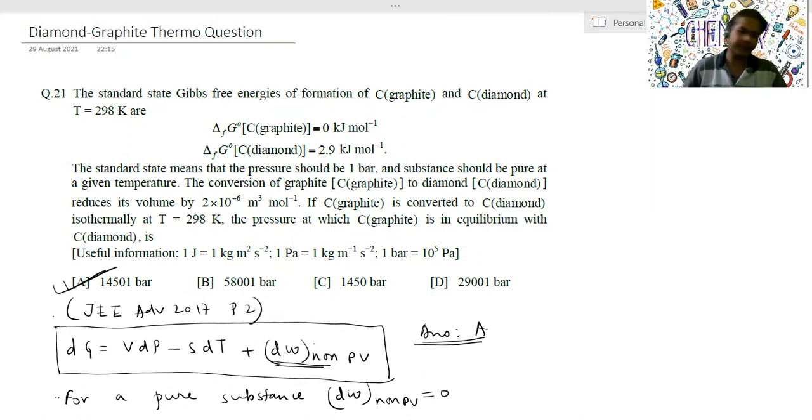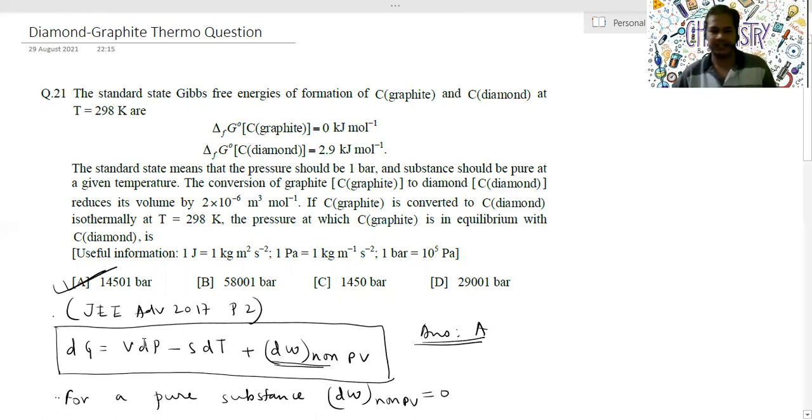So for conversion of graphite to diamond, there is some dW non-PV, but for a pure substance, we can write dG is equal to VdP minus SdT. We have taken dT as 0, so dG is equal to VdP. On integrating that, we'll get G at pressure P minus G at pressure 1, that is the standard Gibbs energy, G naught, will be equal to, if volume is taken as constant, V into P minus 1.